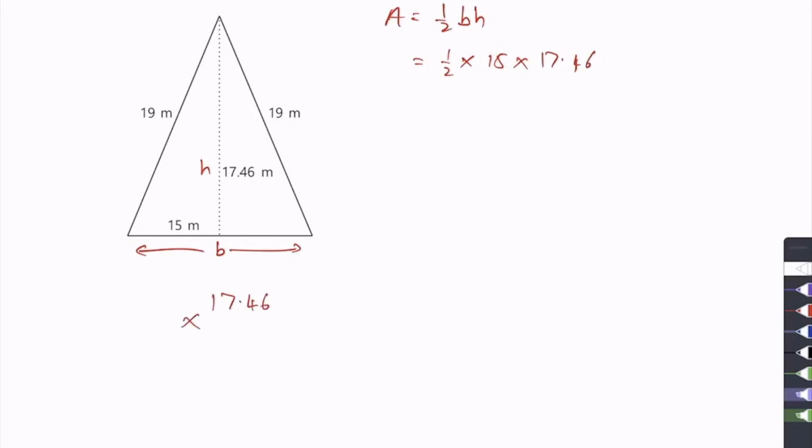17.46 multiplied by 15. 2 numbers appear on the bottom, the 1 and the 5, so I need 2 lines of working, plus my addition. That means 6 5s are 30, 5 4s are 20, add the 3, 23, 5 7s are 35, add the 2, 37, 5 1s are 5, add the 3, gives me 8.